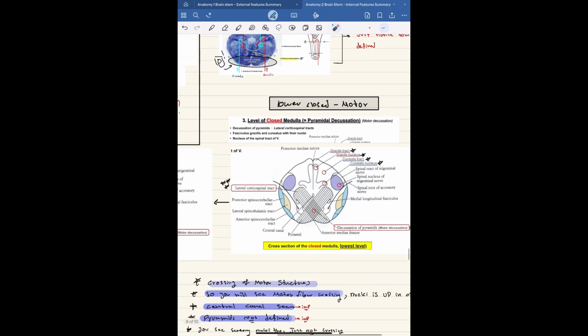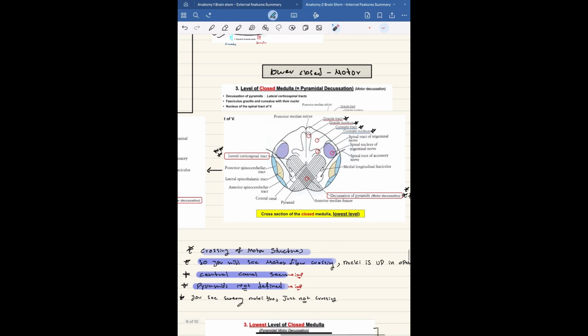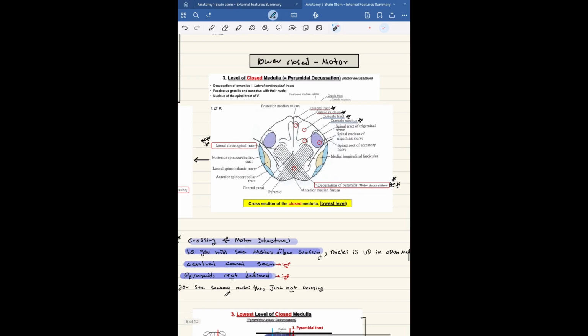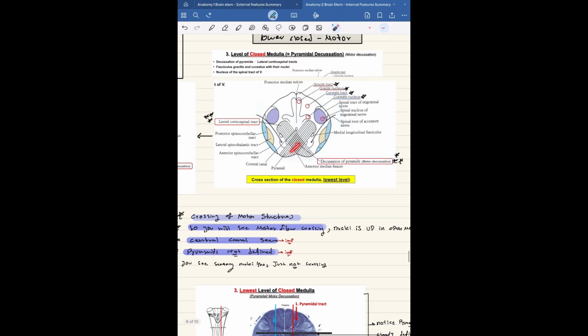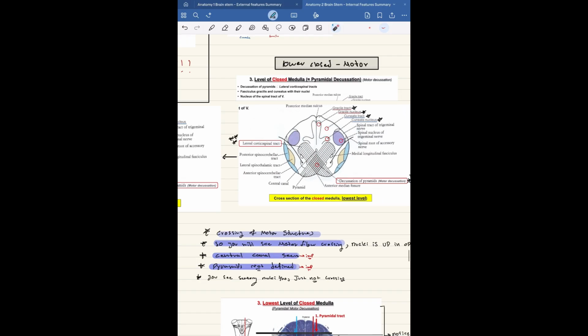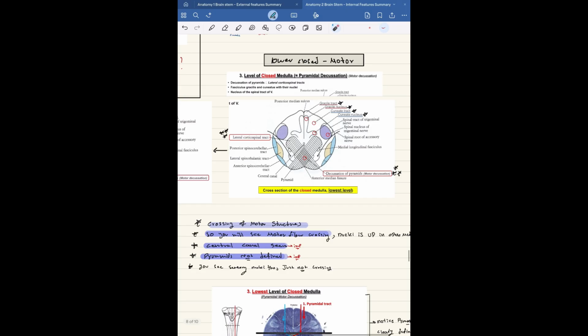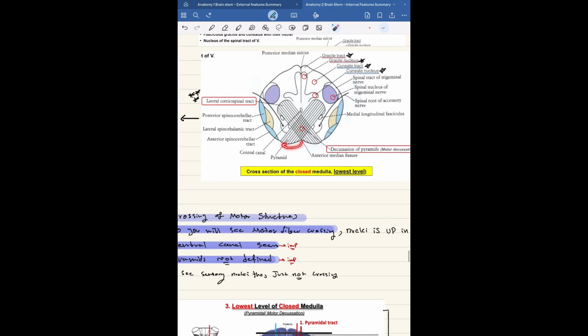That's done. And now let's go to the lower part. And in the lower, notice we have decussations, but the decussations here are motor. And one more thing to notice again: the pyramid is not clearly identified, meaning this makes it the lower closed.